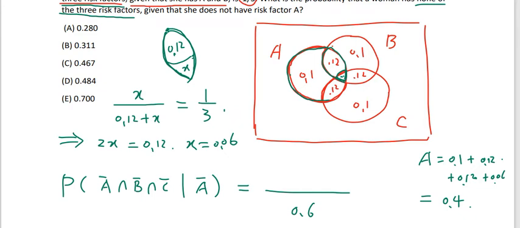So not A, not B, not C. So what is not A, not B, not C? So we just find A or B or C, and let's check outside. So outside is this.